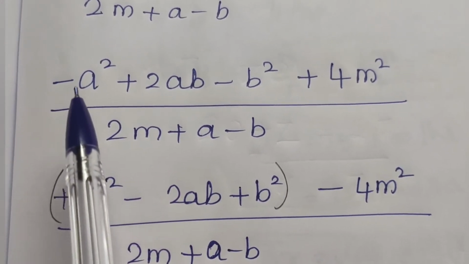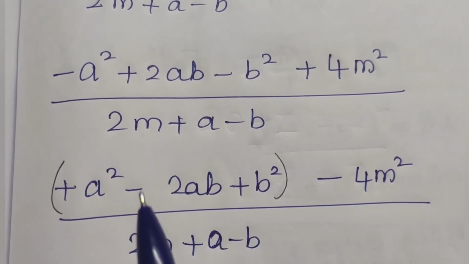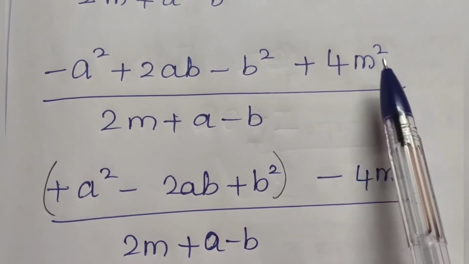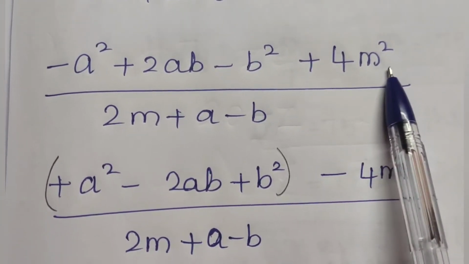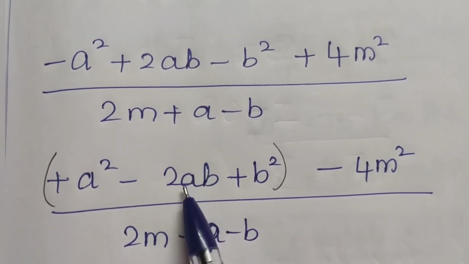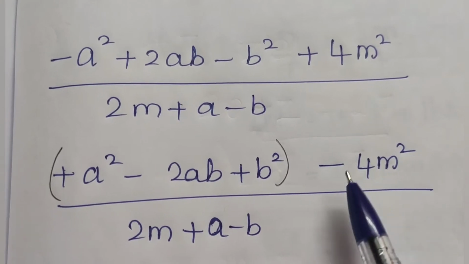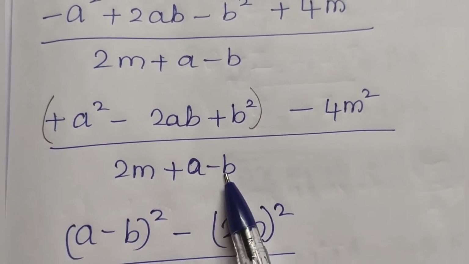See, if I change the sign of a square and b square, I get an identity. I am going to change the sign throughout. I can't change the sign of any particular term. So I am going to change the sign throughout. Minus a square becomes plus a square, plus 2ab becomes minus 2ab, minus b square becomes plus b square, plus 4m square becomes minus 4m square, by 2m plus a minus b.